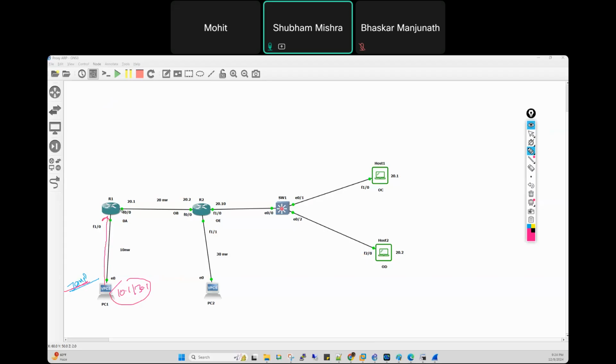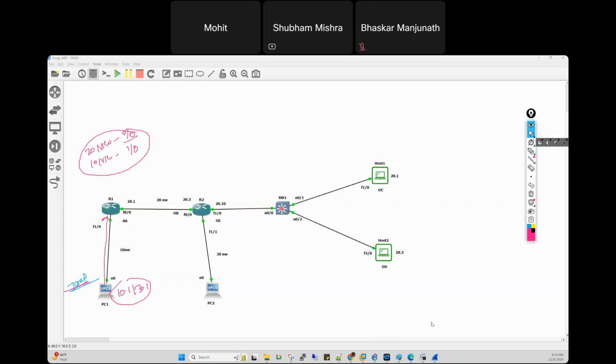Right? Yes, sir. On router number 1, what are the things in the routing table? Router 1 knows the 20 network is connected with fast Ethernet 0/0 and the 10th network connected with fast Ethernet 1/0, right? इतना पता है ना भाई router 1 को भी? Tell me.